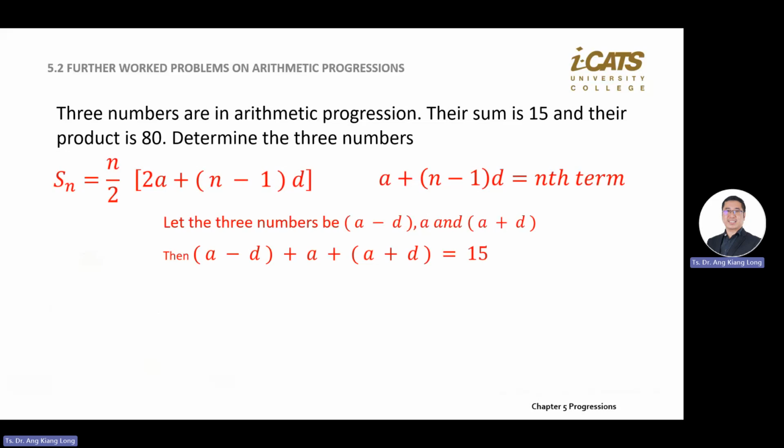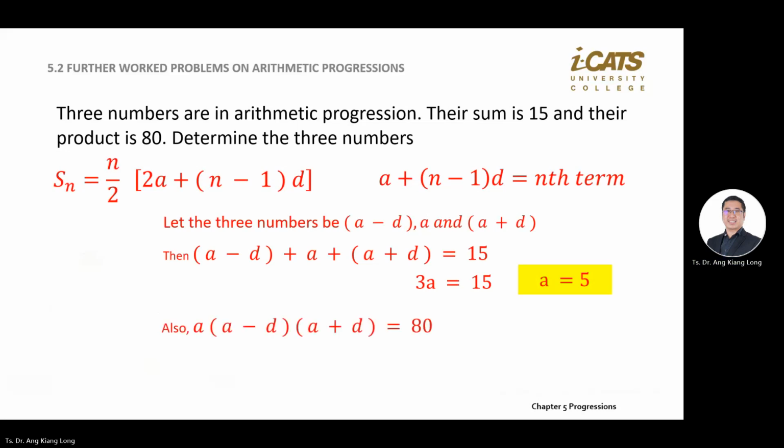In this case, (A minus D) plus A plus (A plus D) equals 15. Then you can solve it. Here, you're actually removing the D already. But if you are using the previous one, A, A plus D, A plus 2D, you're unable to remove the D. So here you solve for A. This is another clever way of doing it.